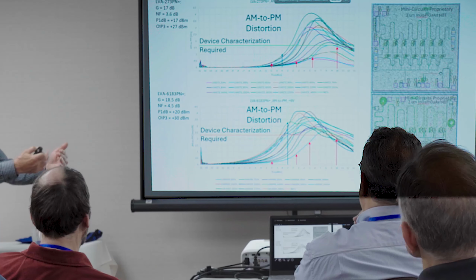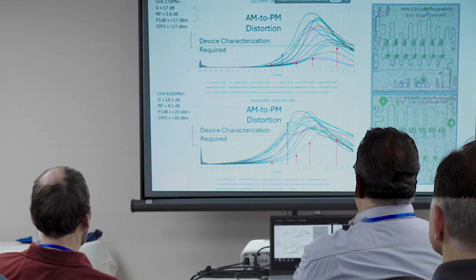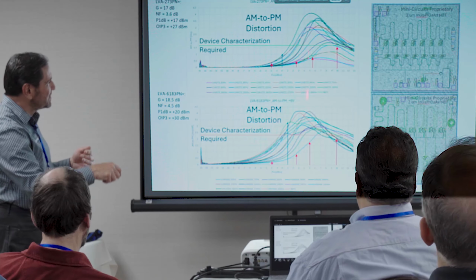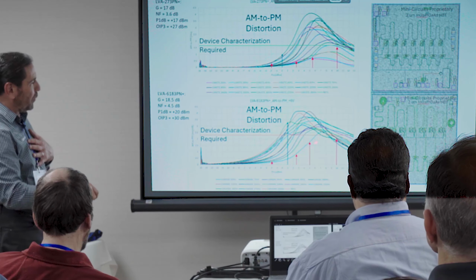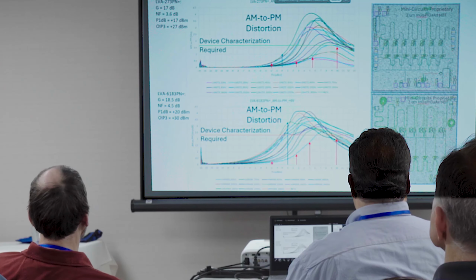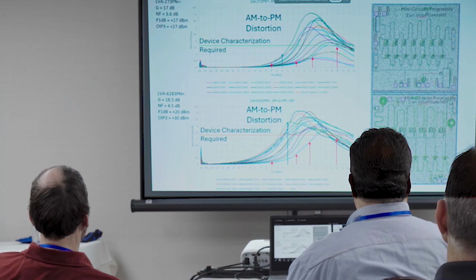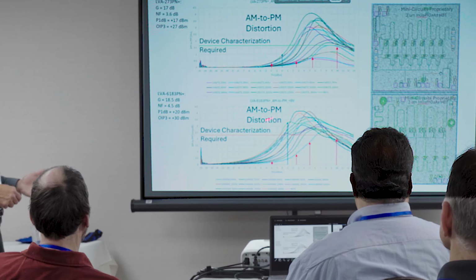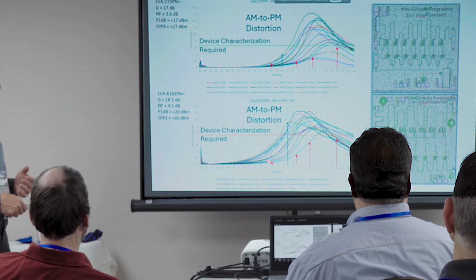All right, with the gain, I can kind of expect the curves to be shifted to the left, right? I can expect the peak to maybe be shifted, which it is. But why would I expect the AM to PM to be worse in a higher power part? It doesn't make sense, right? That's why it's very frustrating, because you have to kind of measure these things and pick your operating points accordingly.